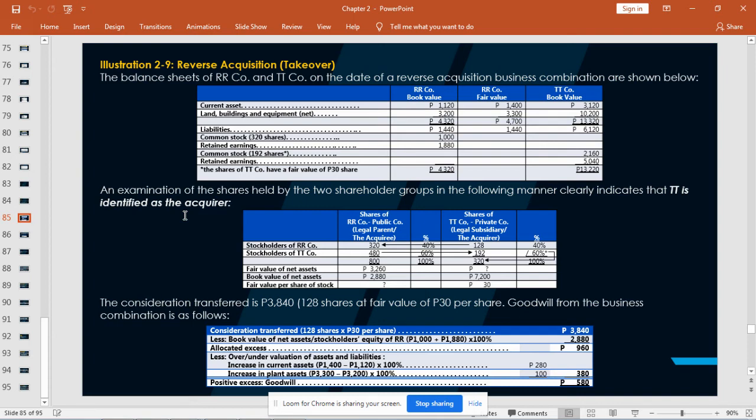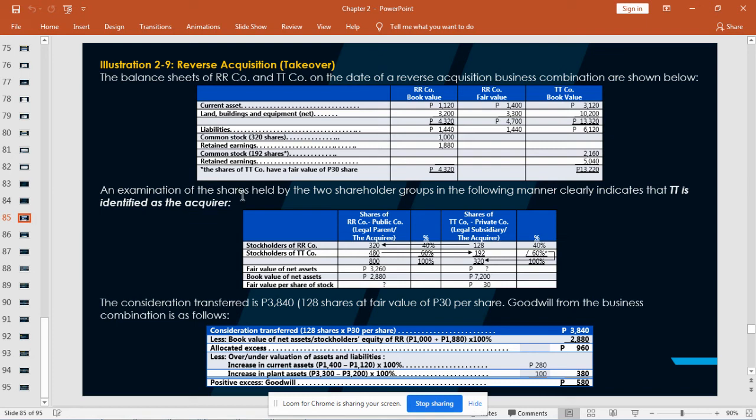Illustration 2-9, this is under page 149. So the balance sheet of RR Company and Double T Company on the date of a reverse acquisition business combination are shown below. Ayan. So, current asset is, ayan.